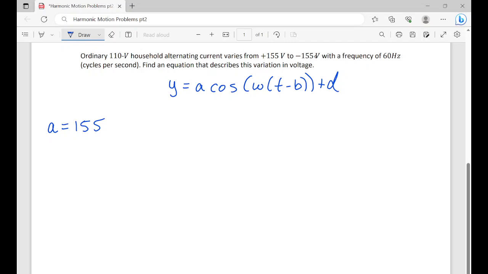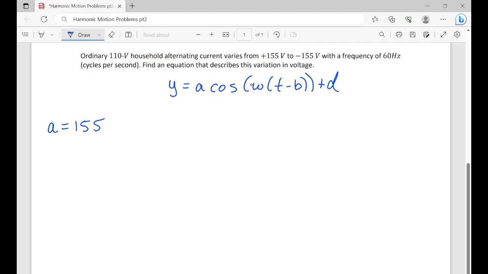Now, I can't see anything talking about moving up, moving down. It's electricity, so it wouldn't really make much sense to do that anyway. So nothing up or down, so I could probably disregard D, and nothing really left and right. Again, it wouldn't make much sense, so I could probably disregard B as well. So any phase shift and vertical shift can be just thrown away. I don't think we need any of it.